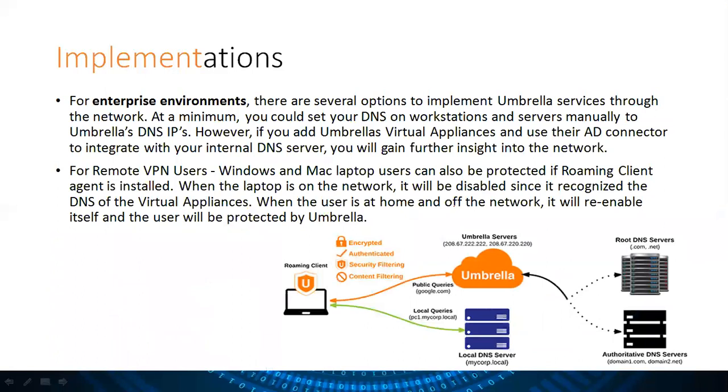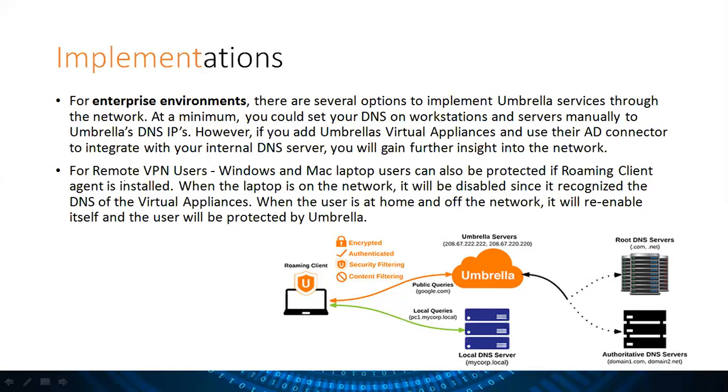For the enterprise-based solution, we can install a Cisco Umbrella solution, and it provides a higher level of authentication. It can integrate with your internal DNS server within your organization to provide more granular security.